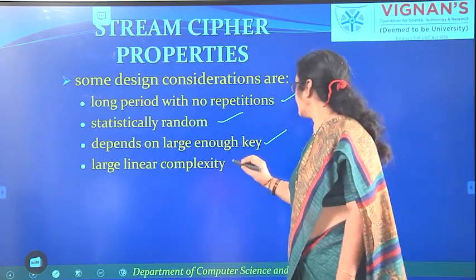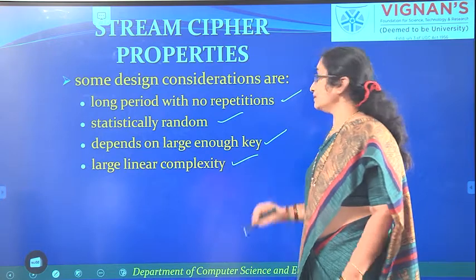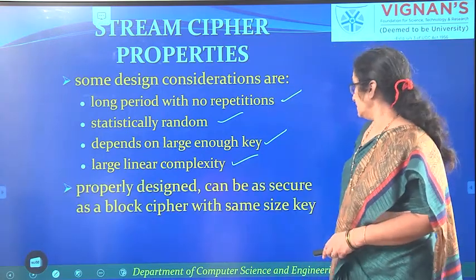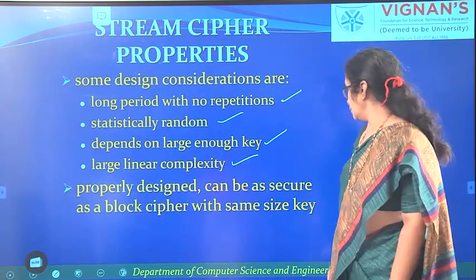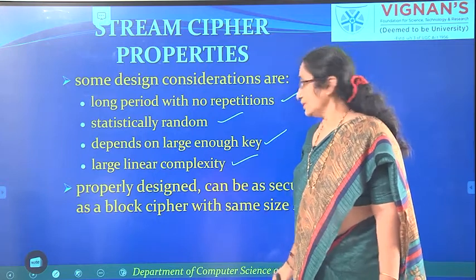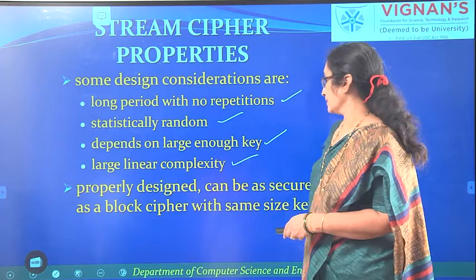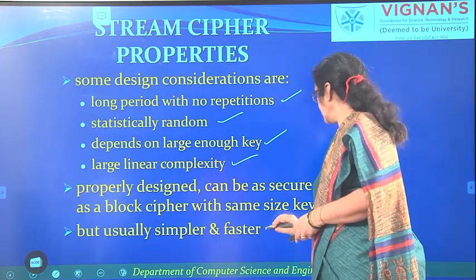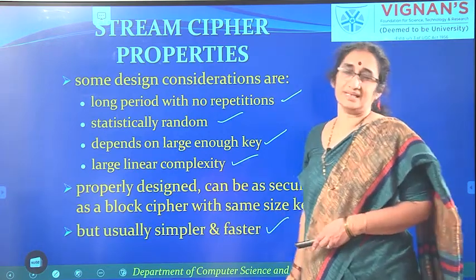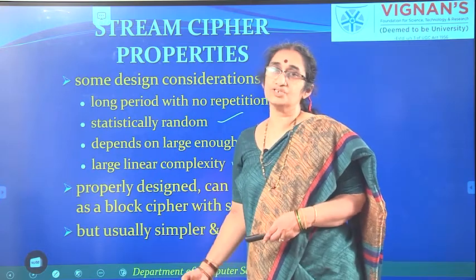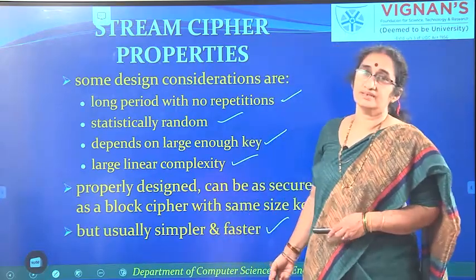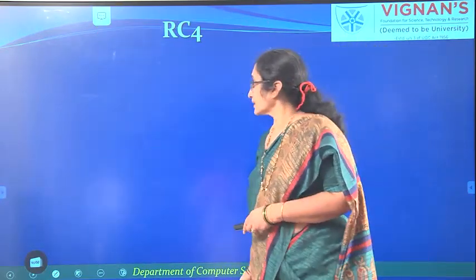You also need to have large linear complexity, and it should be properly designed so that it can be equivalently secure with the block cipher. But it is usually simple and faster. Here you do not have many computations in the stream cipher.